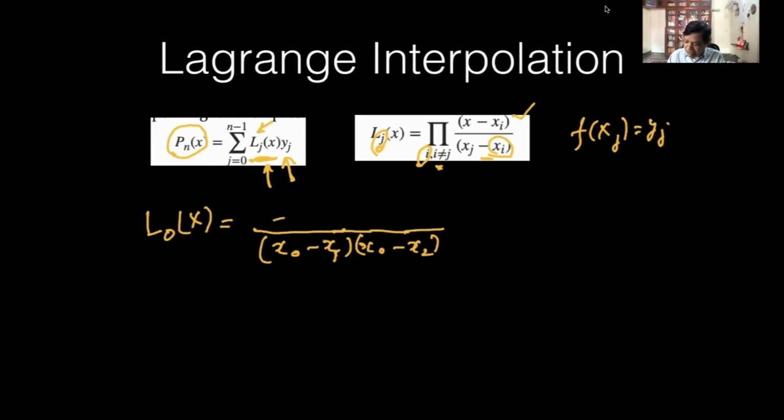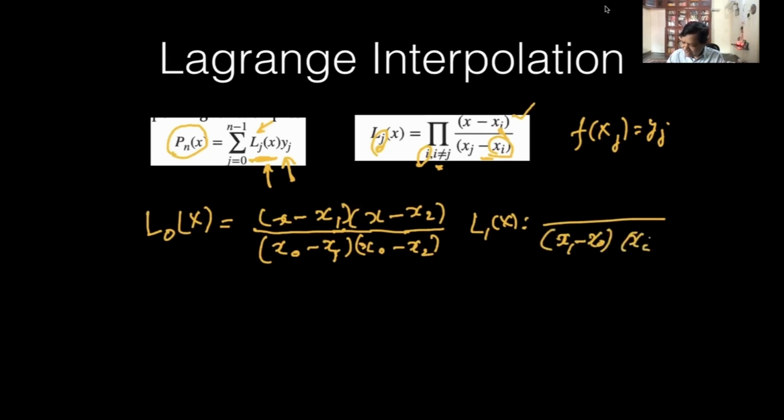At the top will be x minus x1, same i as here, multiplied by x minus x2. So that is L0(x). L1(x) will be what? So now put x1. x1 minus x0, x1 minus x2, and the top will be x minus x0, x minus x2.